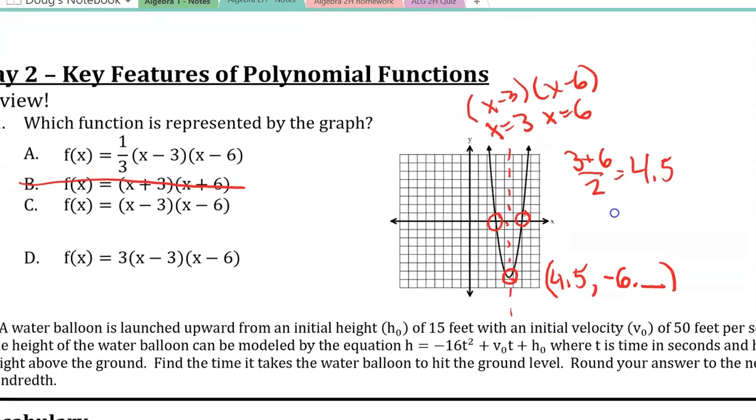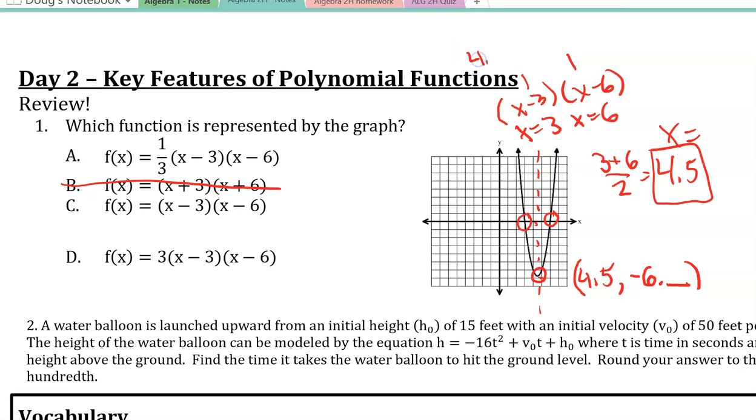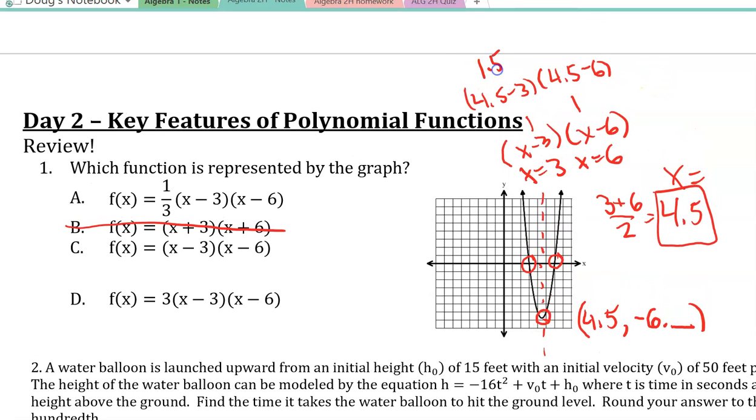So if we take our vertex value for x, our axis of symmetry value, we can plug that in to our factored form. So 4.5 minus 3 times 4.5 minus 6. 4.5 minus 3 is 1.5. 4.5 minus 6 is negative 1.5.